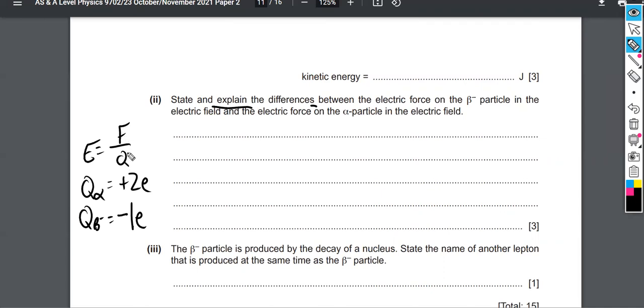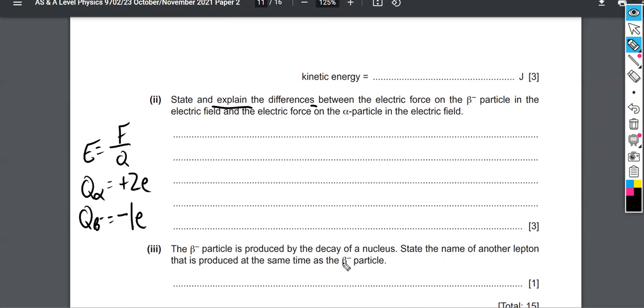It's the force per unit charge. So twice the charge means twice the force. The beta particle is going to feel half the force of the alpha particle and in the opposite direction. Why? Because it has half the charge, so it's going to feel half the force. And it's oppositely charged, which is why it's going to experience it in the opposite direction.